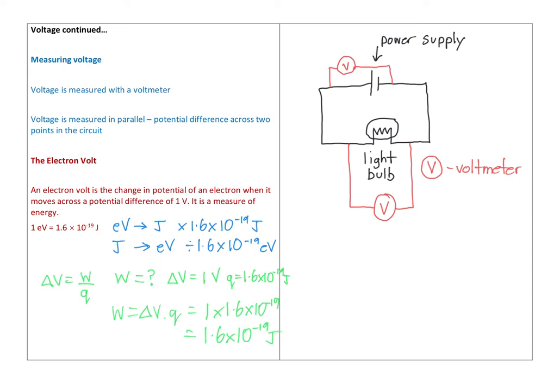That's a mathematical explanation of where that number comes from for the conversion between electron volts and joules.